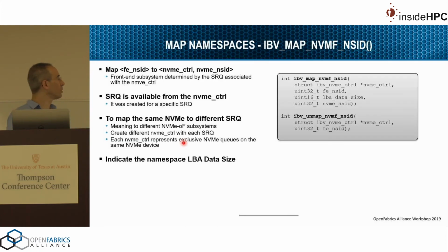And we end up with the mapping of the namespace IDs. So we have the front-end namespace ID mapped to the actual NVMe device namespace ID, which is the backend. And as you recall, the controller is already associated on creation time with the SRQ, so that association was already made.